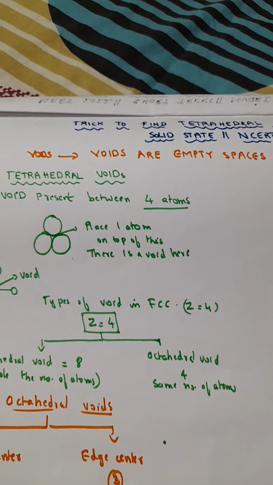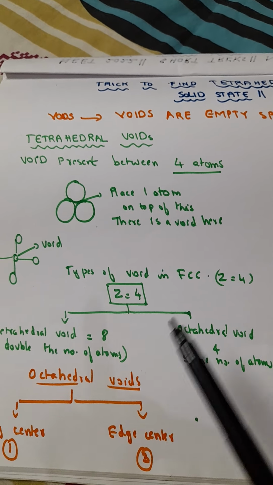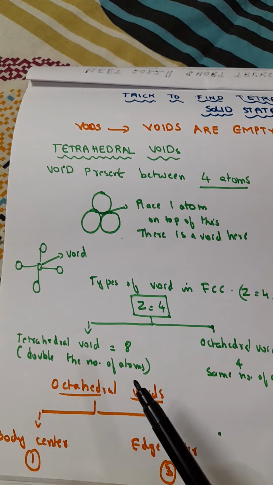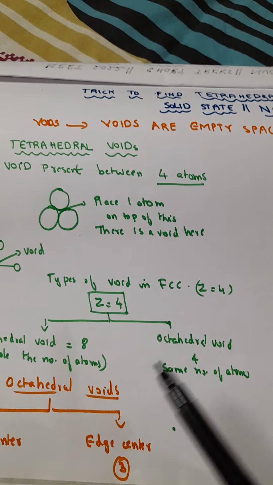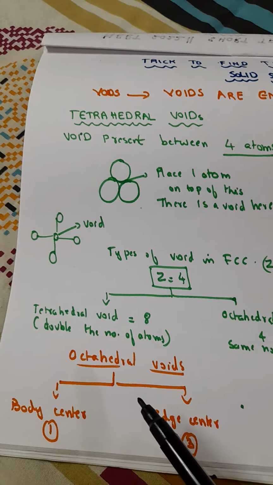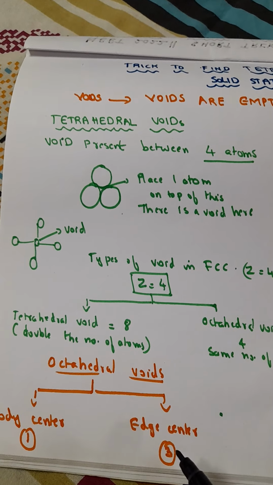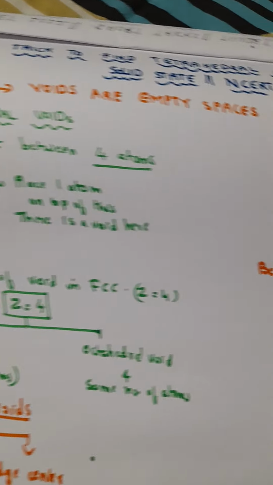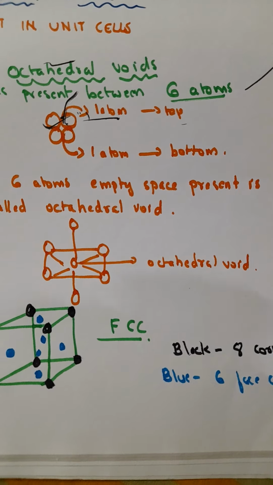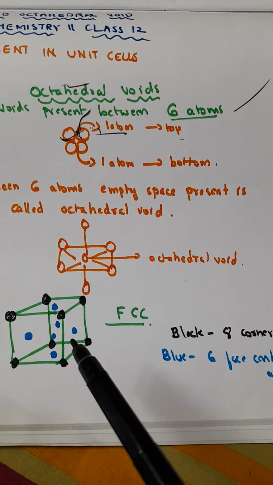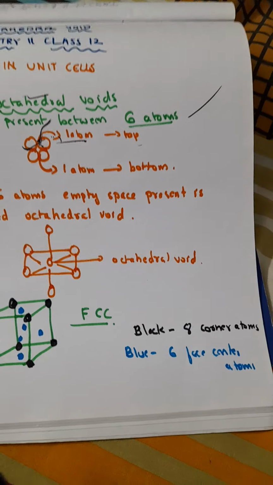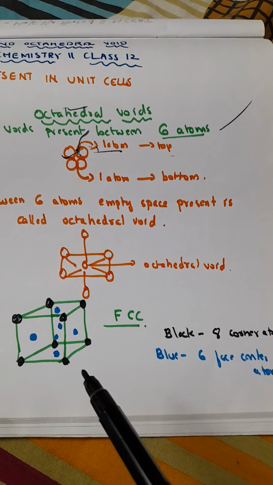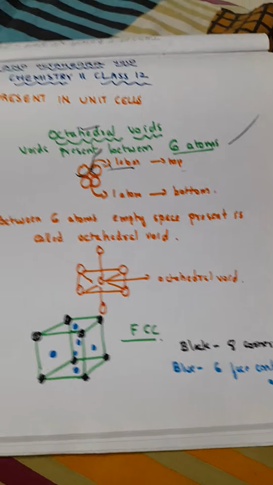Then we saw the types of voids in FCC, that is tetrahedral void 8 and octahedral void 4. Okay, and octahedral voids have got 1 body center and 3 edge center. Then we saw the figure of FCC. The one shown in black is 8 corner atoms, and shown as blue is 6 face centered atoms.